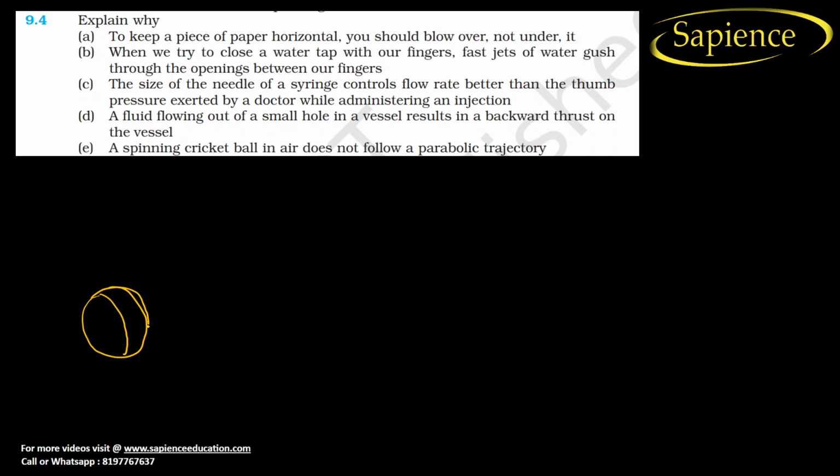Suppose there is a rough surface on one side and a polished surface on the other side, and we spin it. If the ball is normally thrown, what will happen? It will follow the projectile trajectory like this.